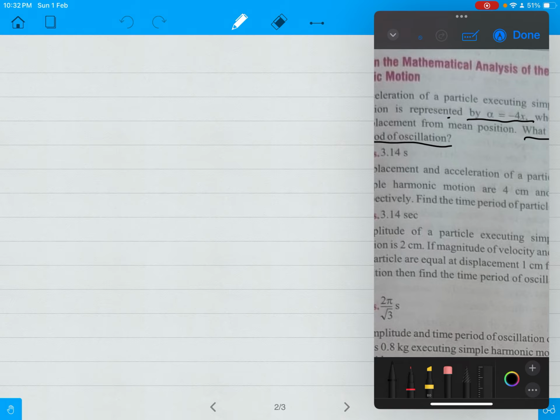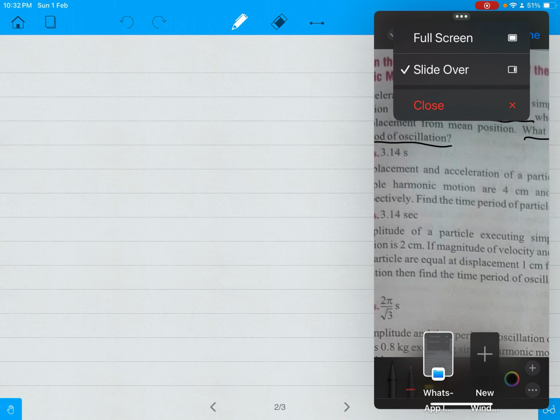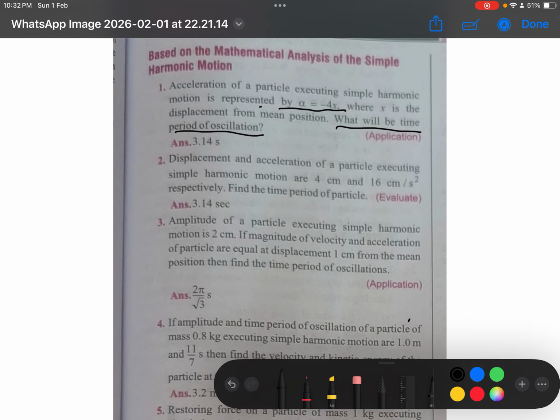Now see the second question. Displacement and acceleration of the particle executing SHM are given: displacement is 4 centimeter and acceleration is 16 centimeter per second square. You have to find the time period T.